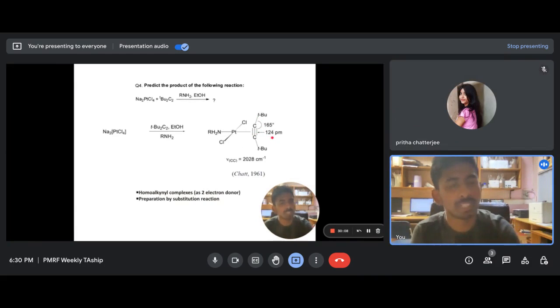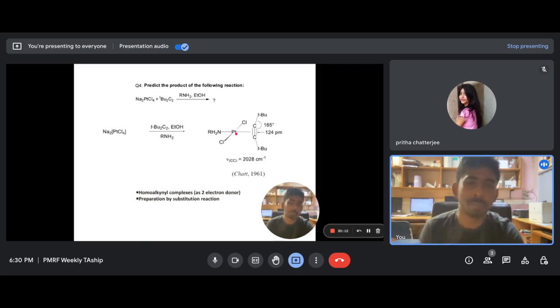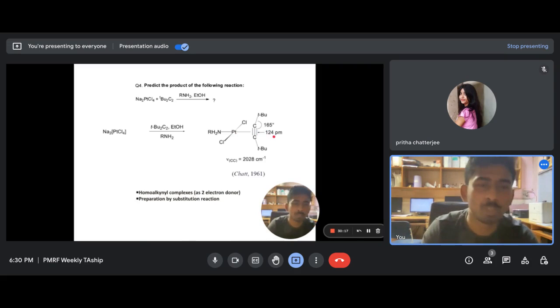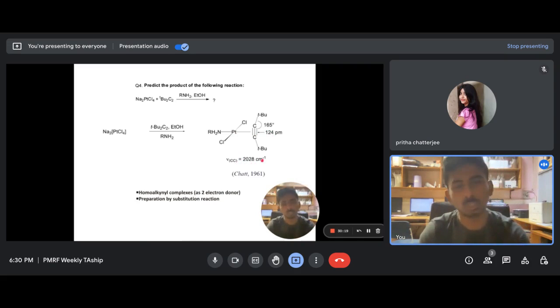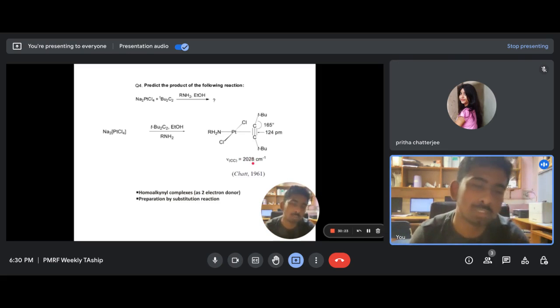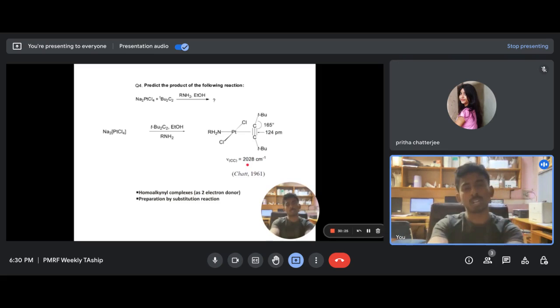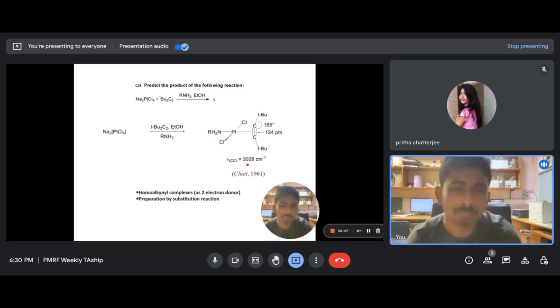The C-C bond length will also increase because the alkyne donates to the platinum center, and back donation also occurs, so the bond length is 124 picometers. The C≡C stretching frequency also drops; it normally lies in the range of 2200, but since the bond order is dropped, the IR stretching frequency is now 2028 cm-1.